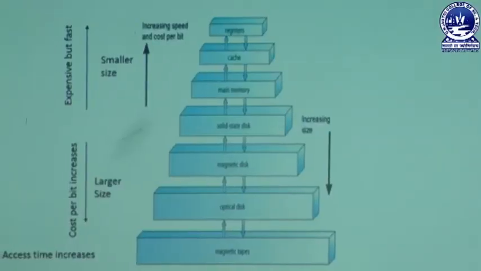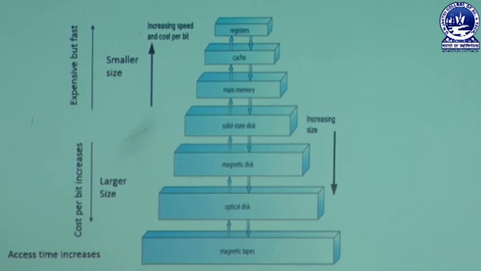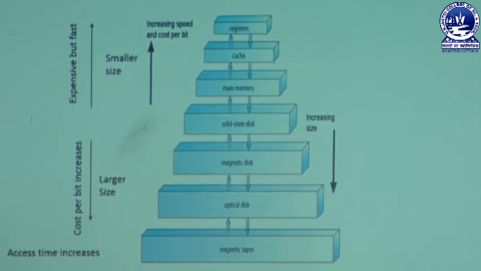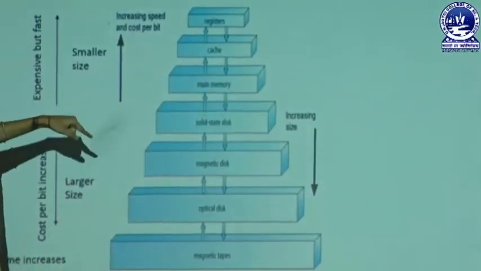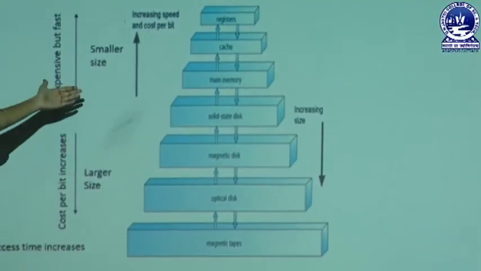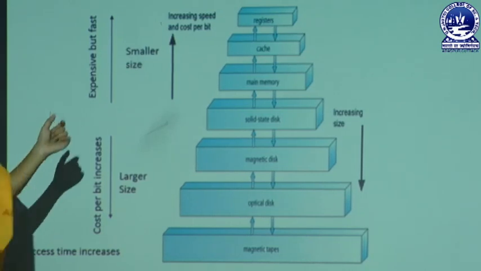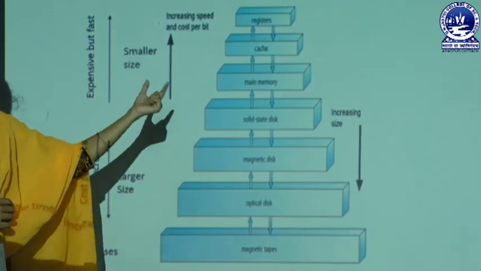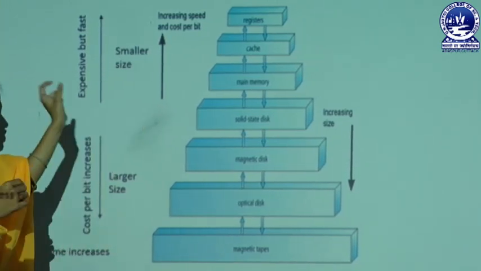Then what are the functions of secondary memory? Why do we need secondary memory and what do you mean by secondary memory? I said that when you go upwards, the size of the devices goes smaller and smaller. The size of the main memory is limited, is small.